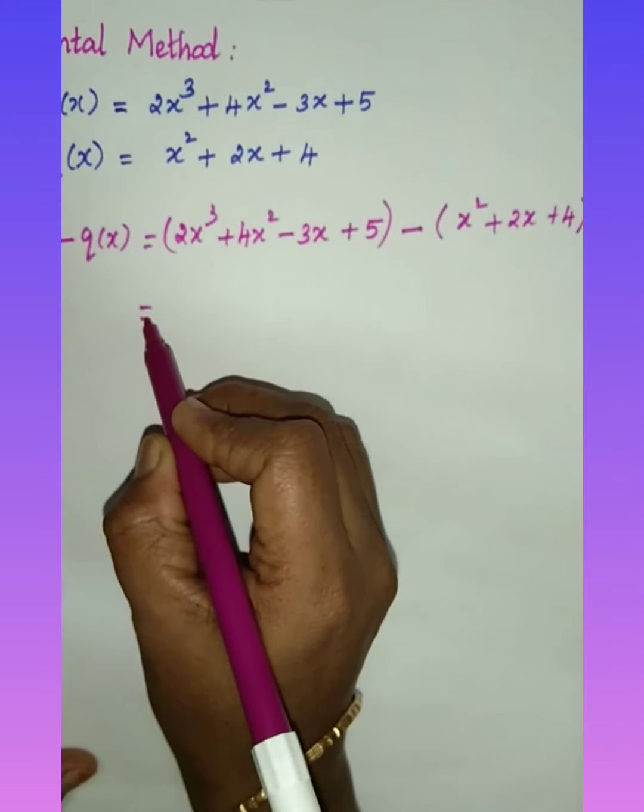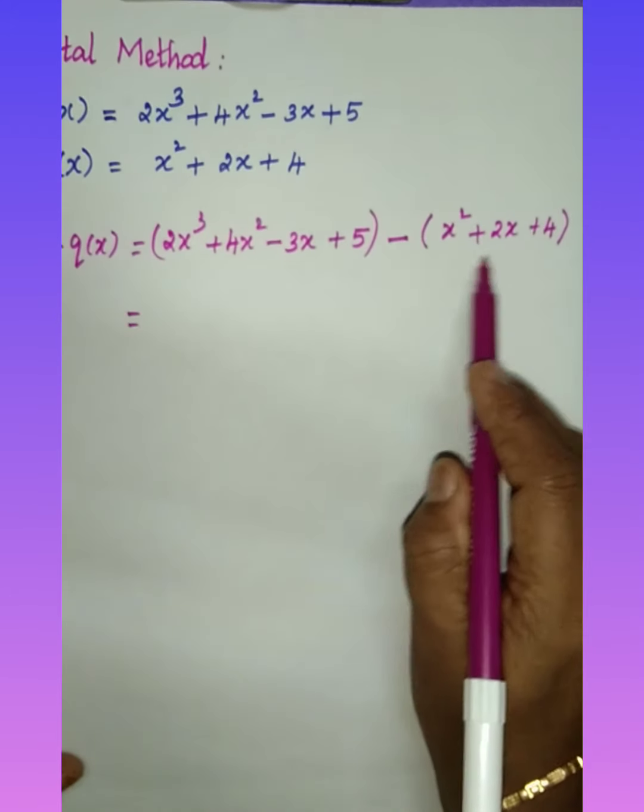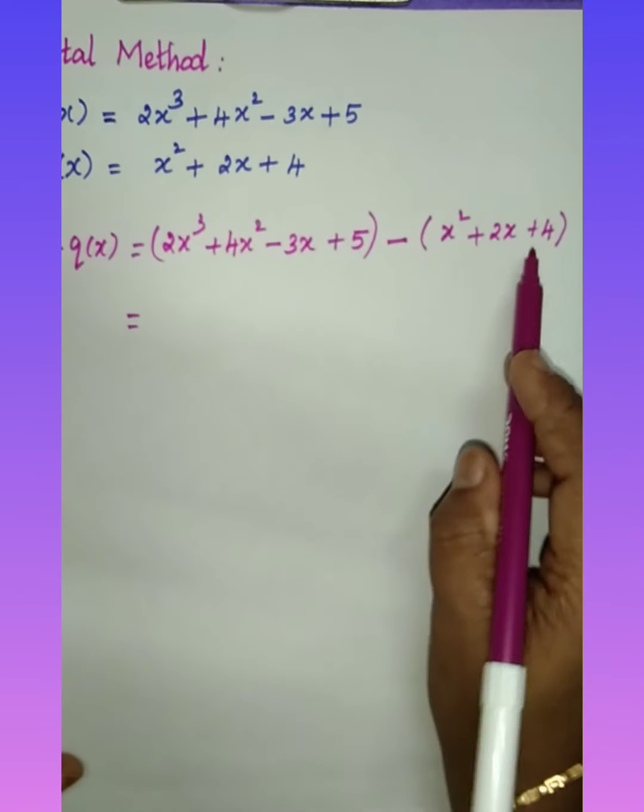Next step, we open the bracket by multiplying each term inside the bracket with this minus sign.